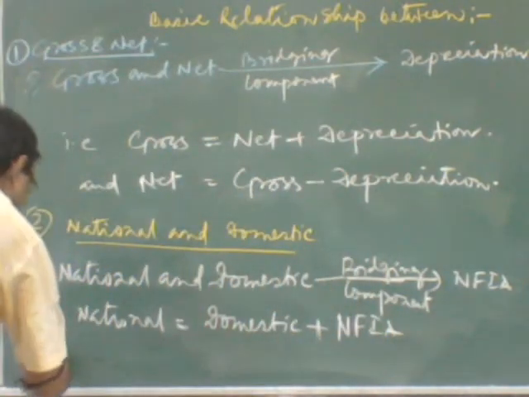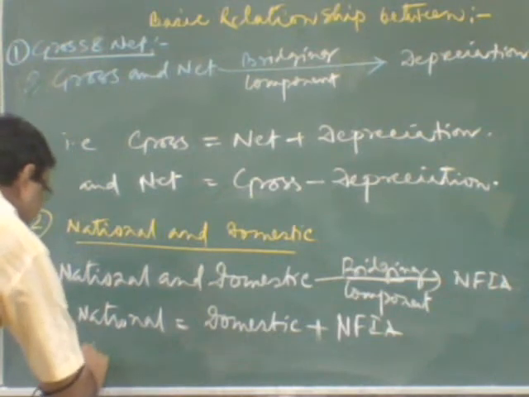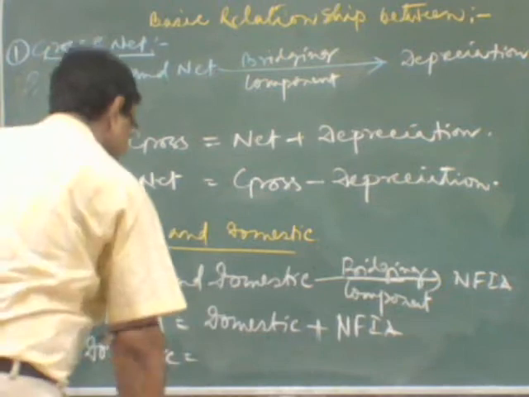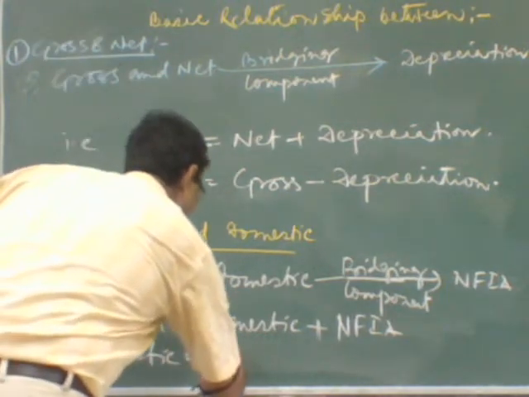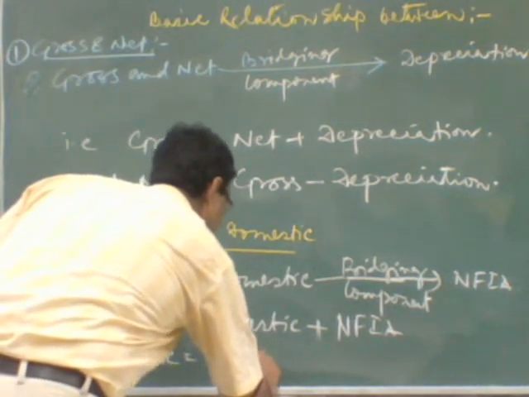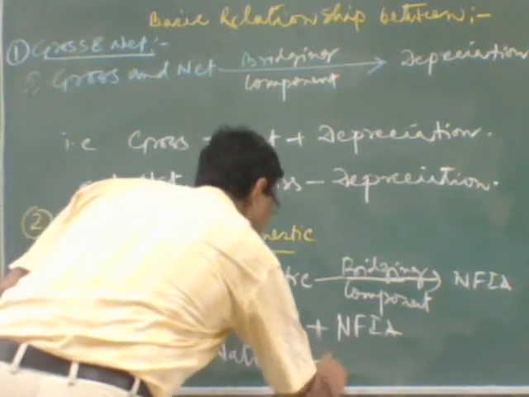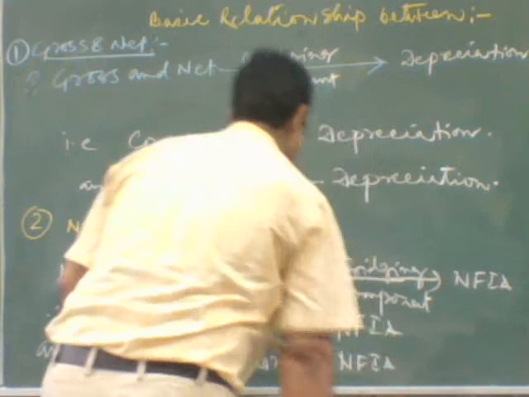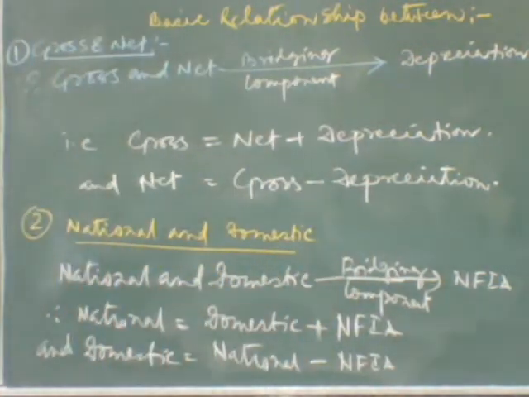And domestic is equal to national minus NFIA. This is the second relation between the national and domestic.